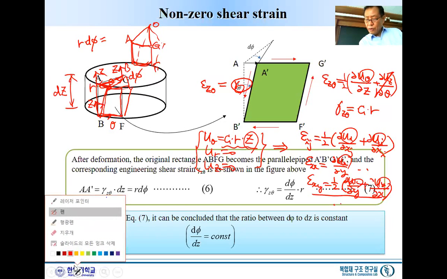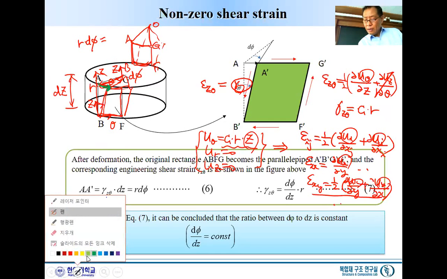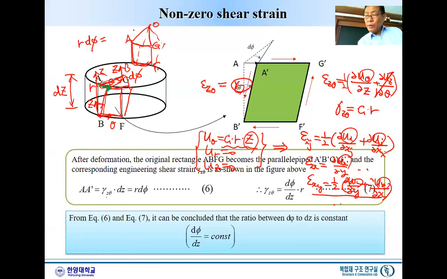I will use a different color. It will indicate this length, right? R times, this is the R, and times d phi will be a height, is a dz times, what is this?